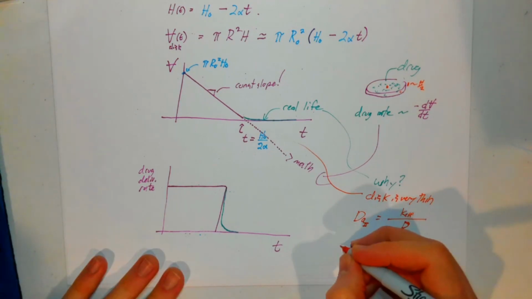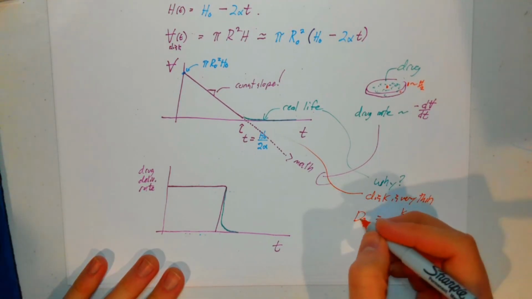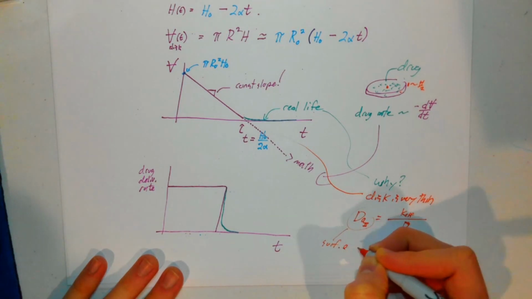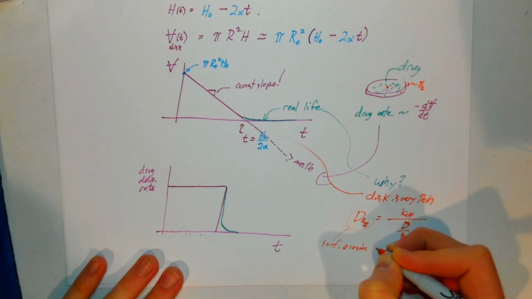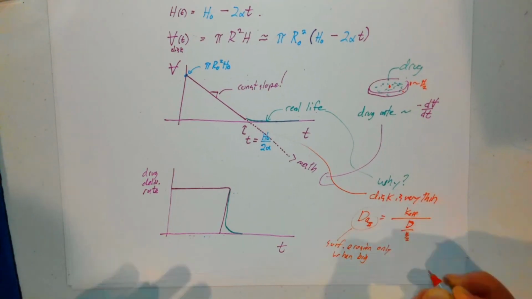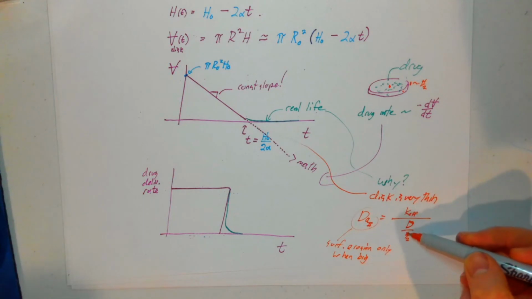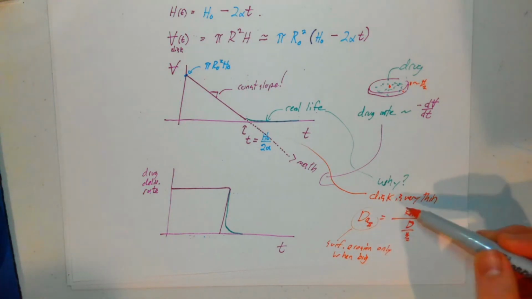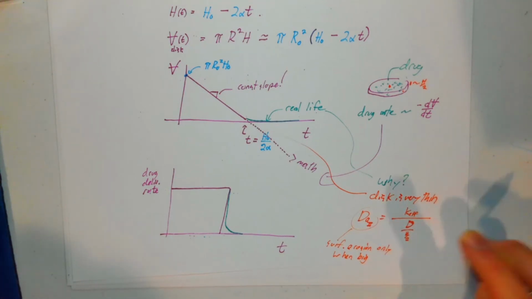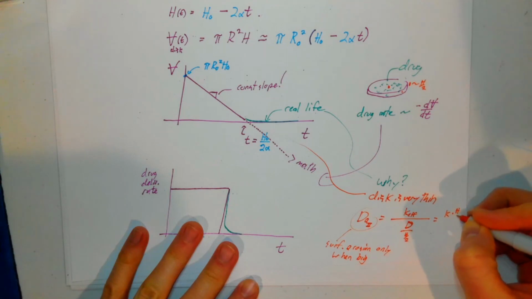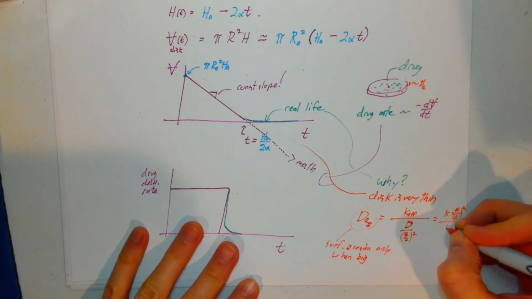Well, surface erosion is only true when this is big. So surface erosion only when big. And basically what happens? Well, once the disk gets really thin, then instead of surface erosion being really big, the second Damköhler number is small, because basically this is equal to k times (h over 2) squared over the diffusivity.